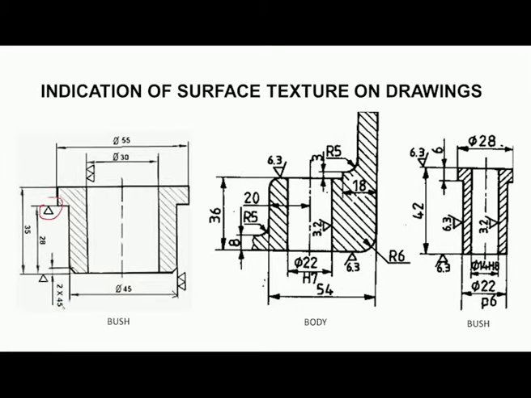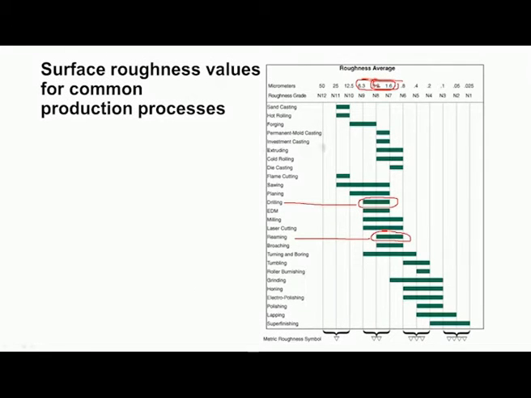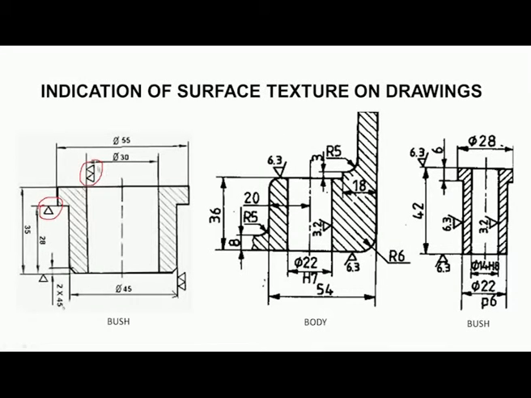This single triangle and double triangles are used. Now, from this diagram we can understand single triangle means it is a very rough surface, maybe the surface is as cast, and no machining is needed. And here we have a hole in which two triangle grade is used.